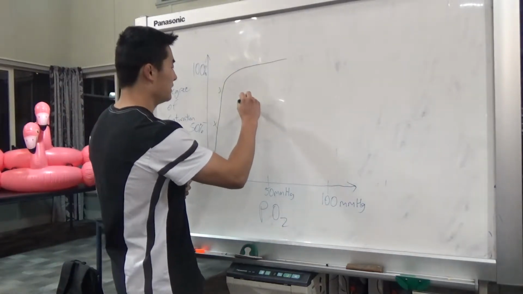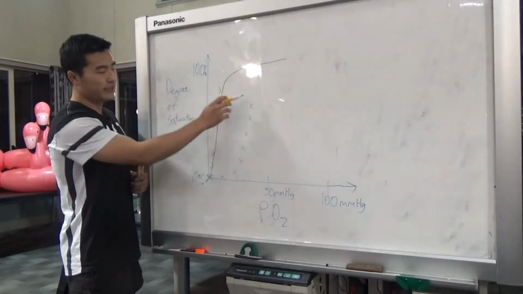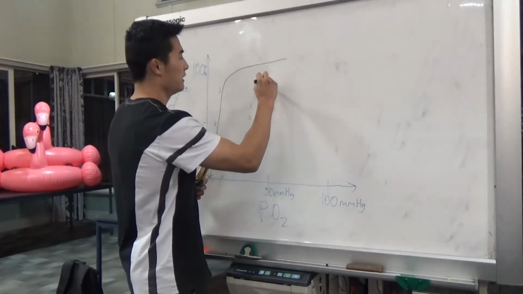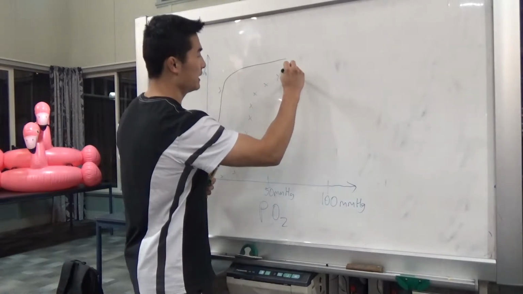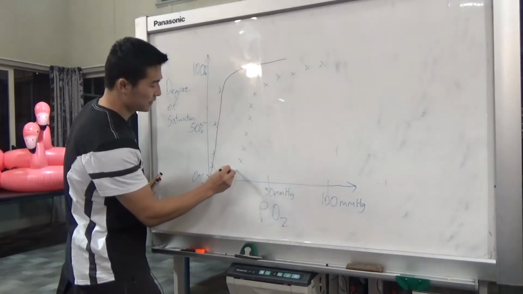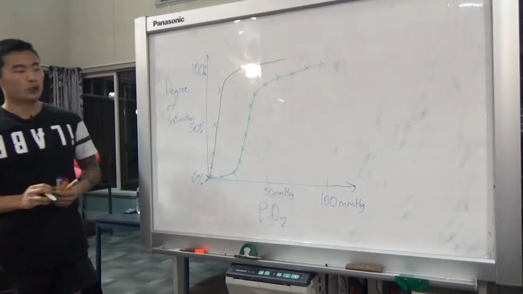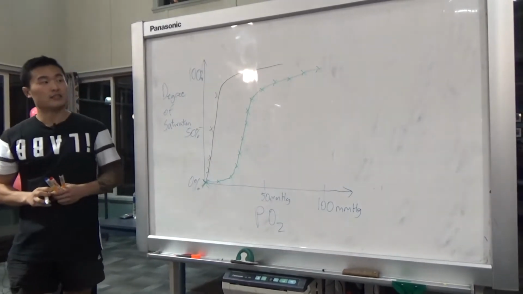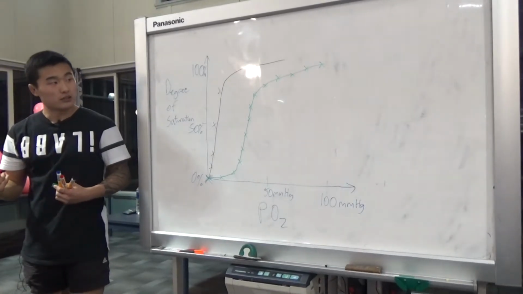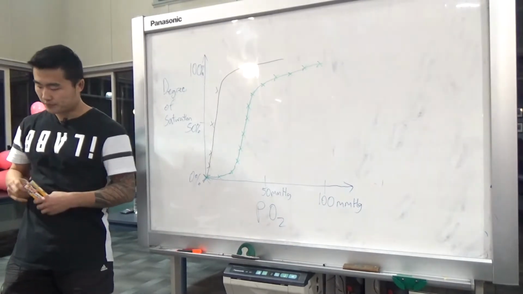So we're going to have a very steep gradient at this point in the middle, and then eventually that's going to flatten out again. Okay, so you get this S-shaped curve, and that's a sigmoidal shape, and that's due to the positive cooperativity, due to that multiple subunit.